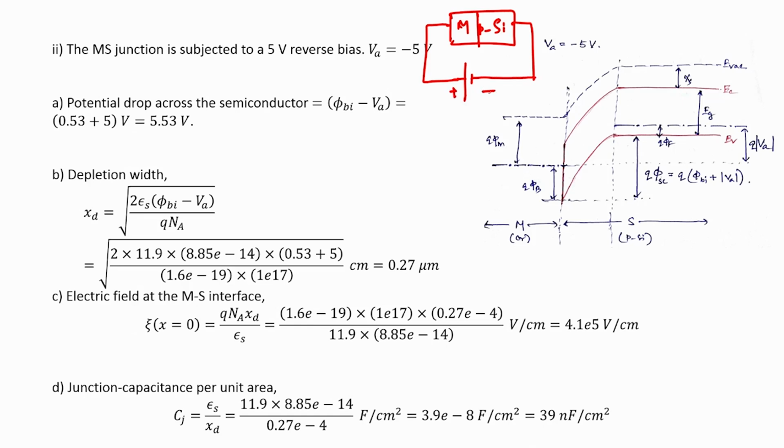So this is how the junction or the diode is biased, 5 volt. So in usual notation we can write this applied bias is equal to minus 5 volt. So VA, if it is positive, it signifies that it is forward biased, when VA is negative it signifies that it is a reverse bias case. So in this particular case VA is negative, so VA is equal to minus 5 volt.